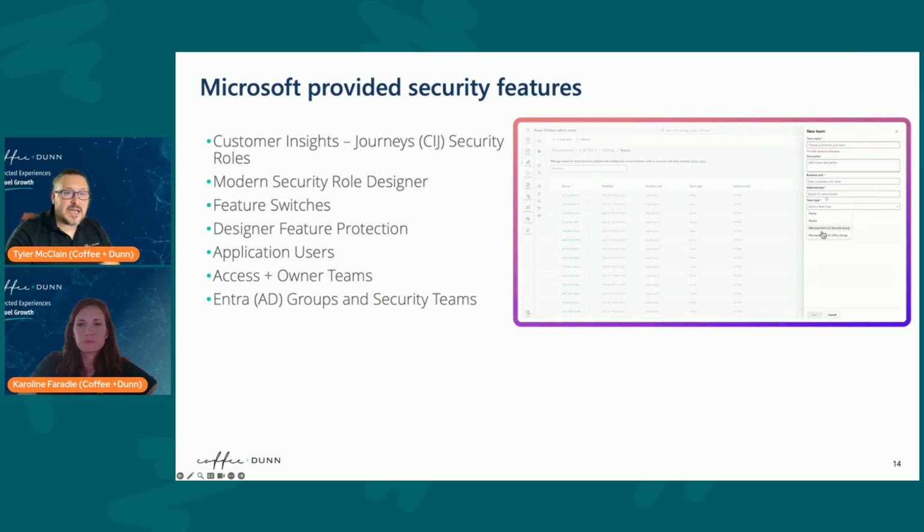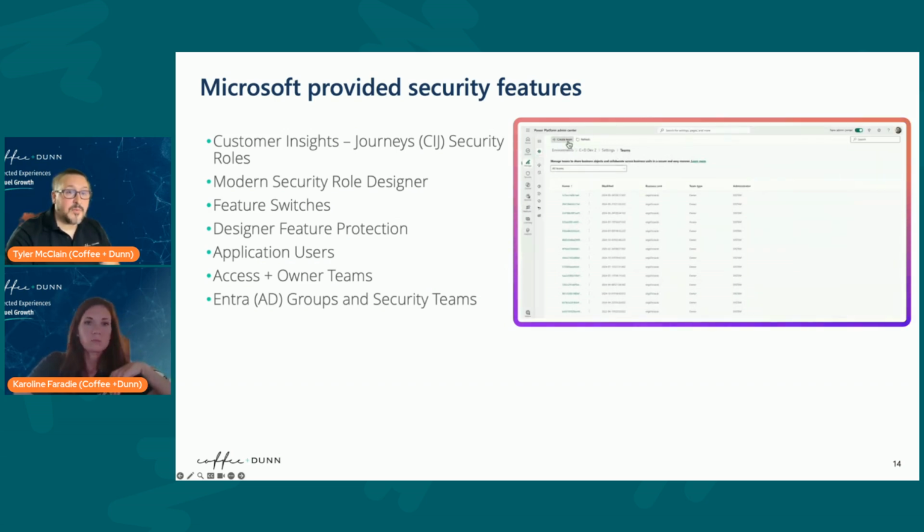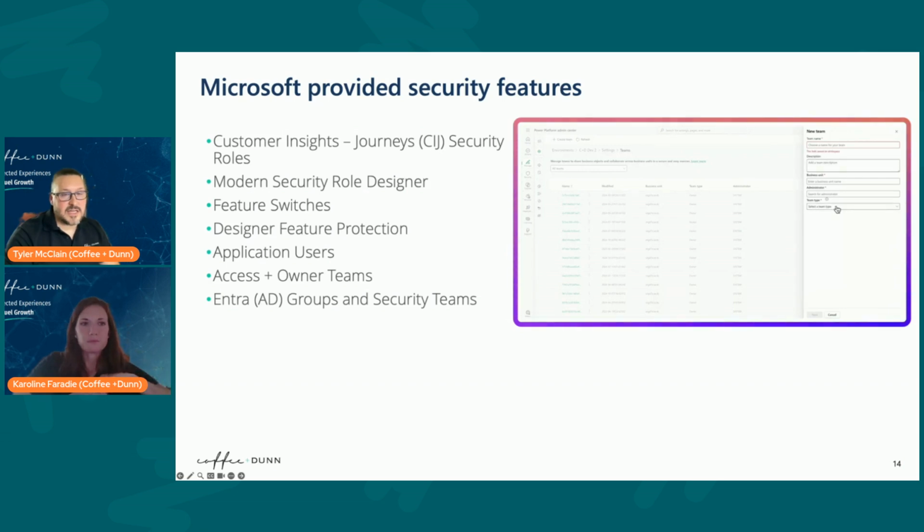And you can tie those access teams to Entra groups and security teams so that as people are onboarded to your organization, you can automatically assign environment access, as well as security roles, based on AD groups.